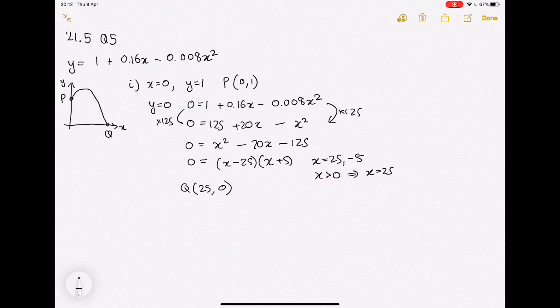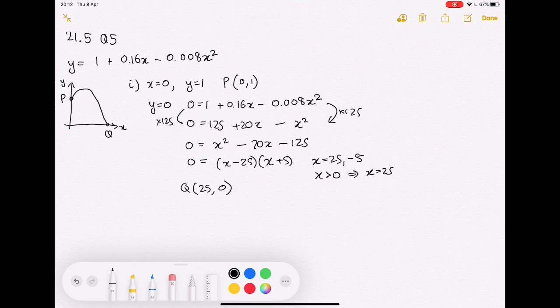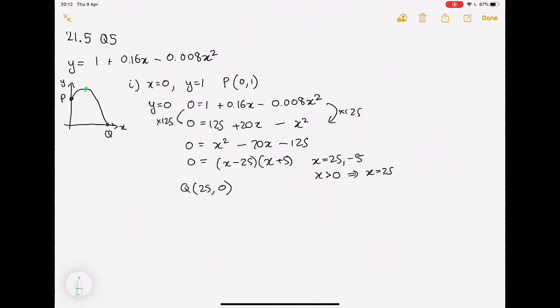Okay. In part 2, we are asked to find the horizontal distance x from P at the highest point of the trajectory and show that this is 1.8 metres above the ground. So we're interested in this point here, and we're asked to find the horizontal distance here, which is the same as this horizontal distance here.